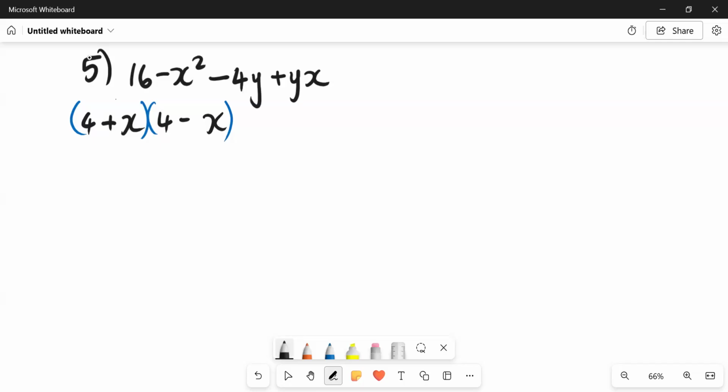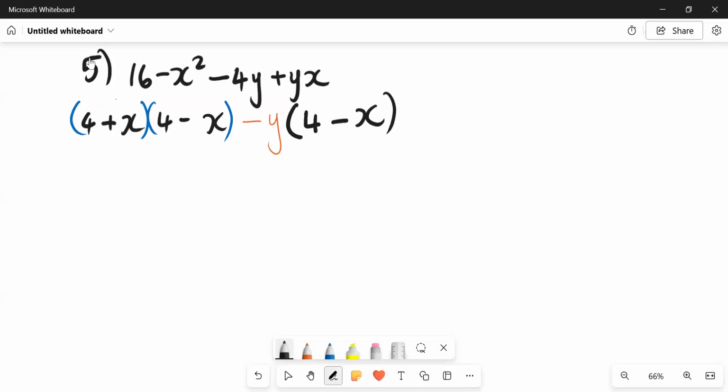Now, I will take out the common factor of minus y. Inside the bracket, I'll be left with 4 minus x. I hope we remember that when you take out the common factor of negative 1, something happens within the bracket.